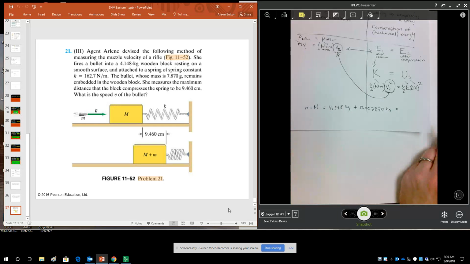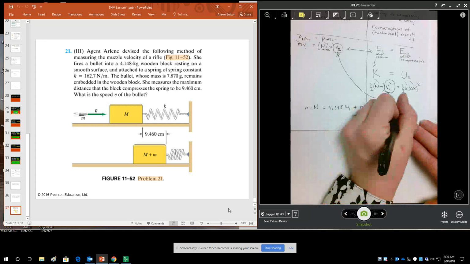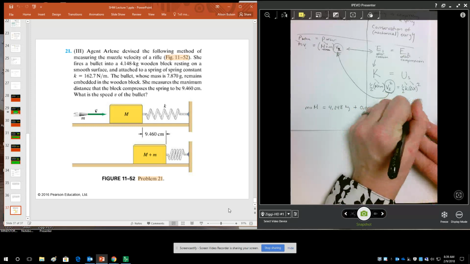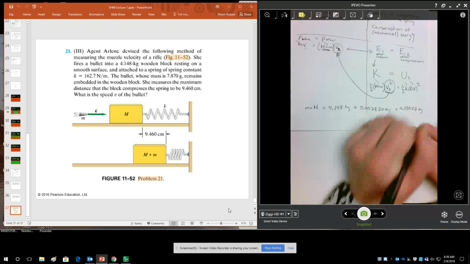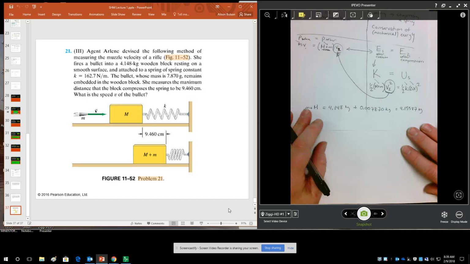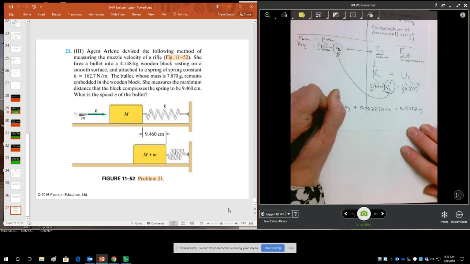I totally can't handle this without a calculator. 4.148 plus 0.00787, so 4.15587. What the heck, I'll just leave all those digits. And then I can say little m of the bullet, of course, 0.00787.